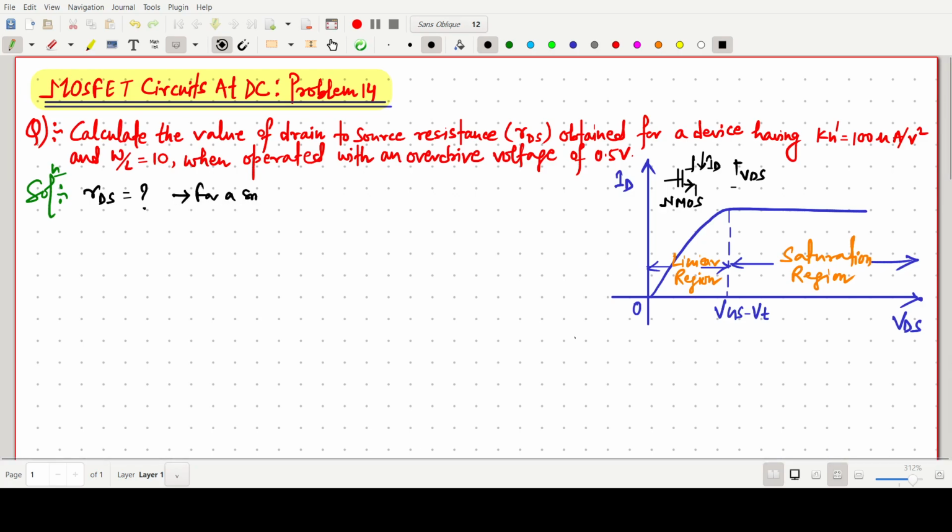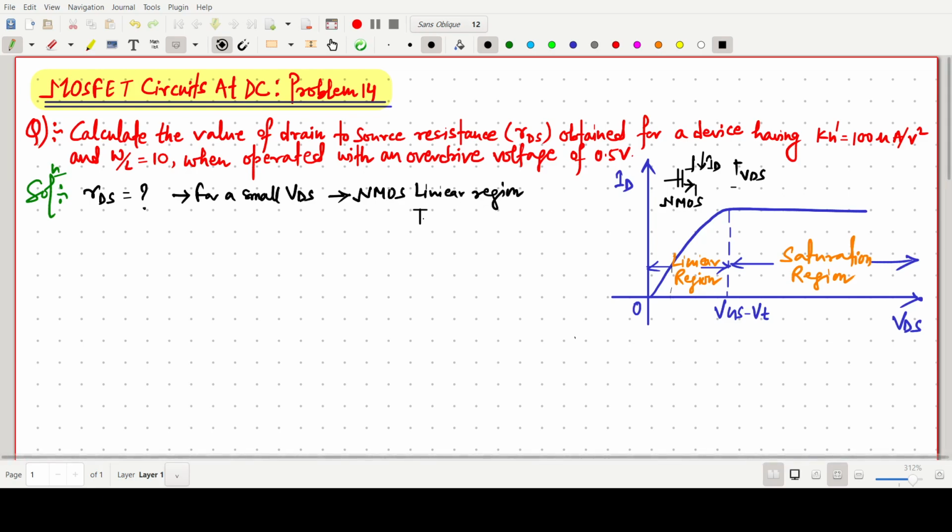During that time, for a small VDS, the NMOS is in the linear region, or sometimes it is called the triode region.